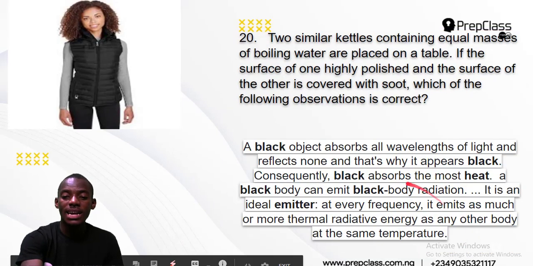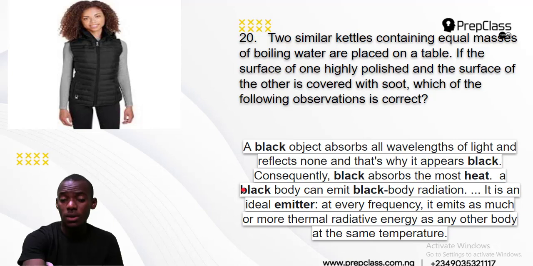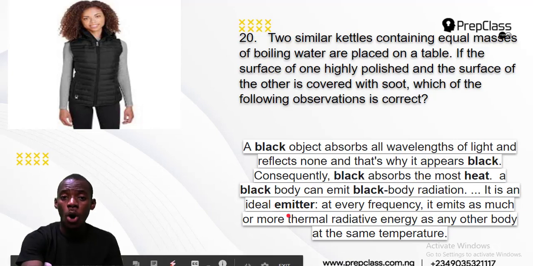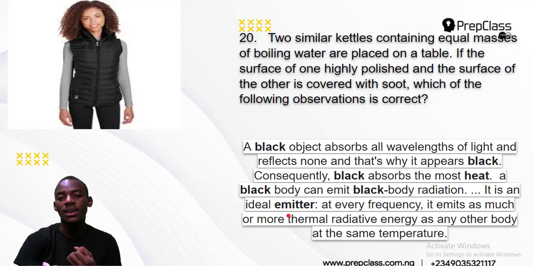Remember this, that black bodies emit more heat. They emit as they absorb more heat. The opposite is that they can also emit out more heat. Okay, and that's just it.